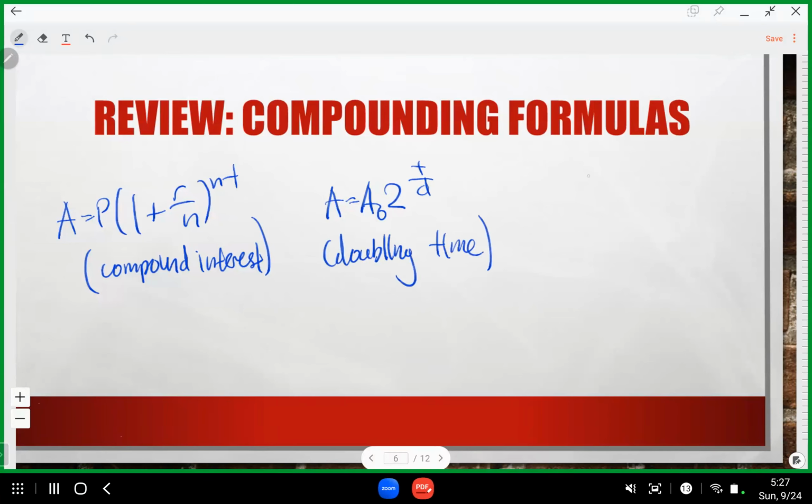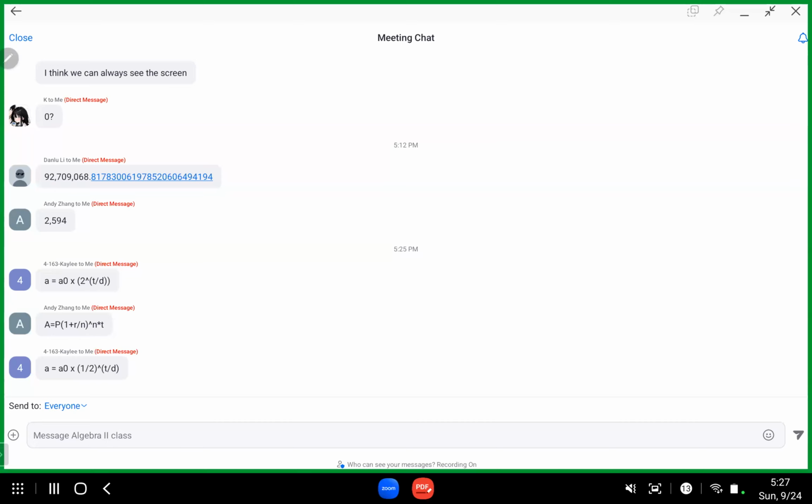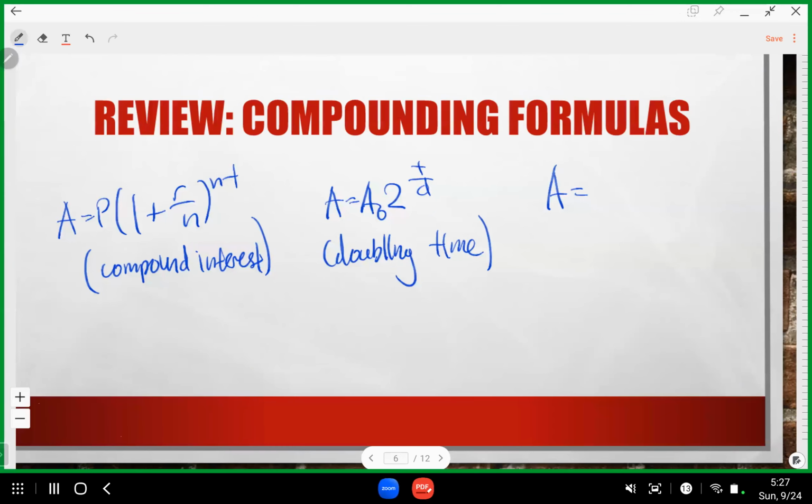Okay, very good. And that should be A is equal to A0 times 1/2 to the T over D. That's very intuitive, right? It should make a lot of sense because we're basically just halving it how many times.